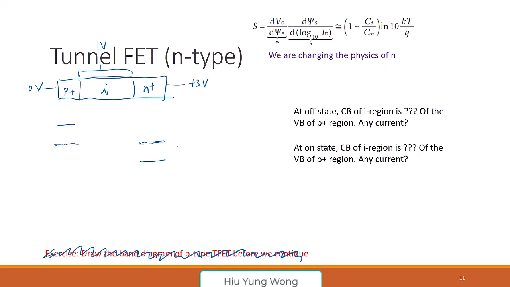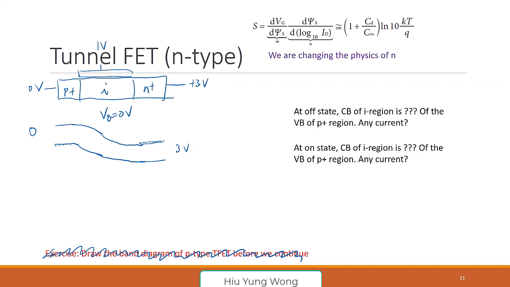This is 3 volts. And then the curve is going to go down like this. You just join them. It's intrinsic in the middle, right? So then you have something like this. And let's say the gate equals 0 volt. This is the case.